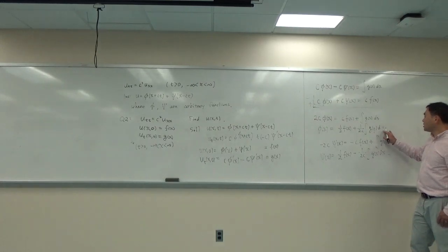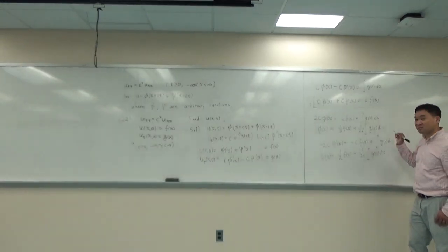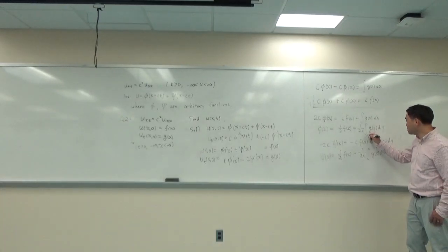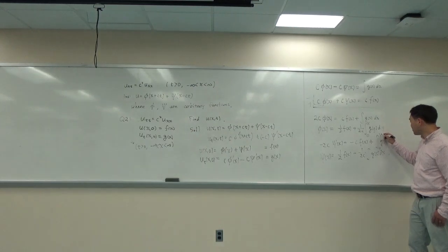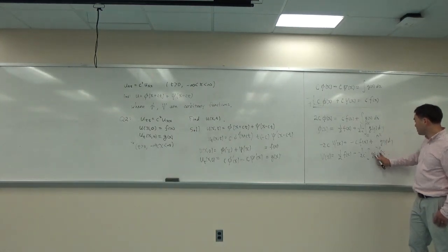But then this will be a function of y. So instead I'm going to write this as a definite integral. So I'm going to put 0 to x. So that this one also becomes 0 to x.